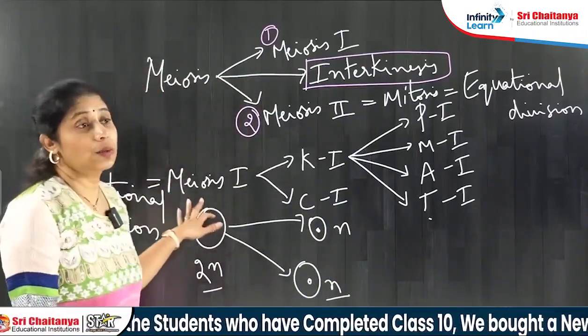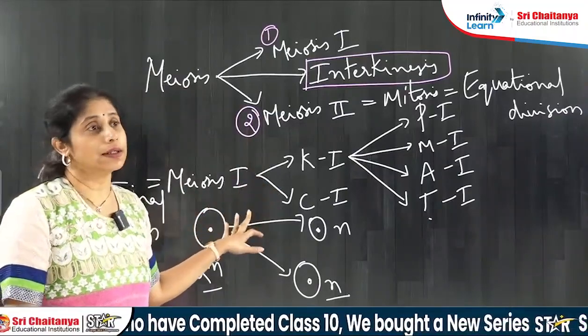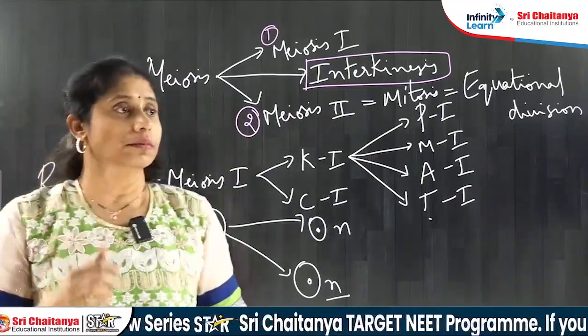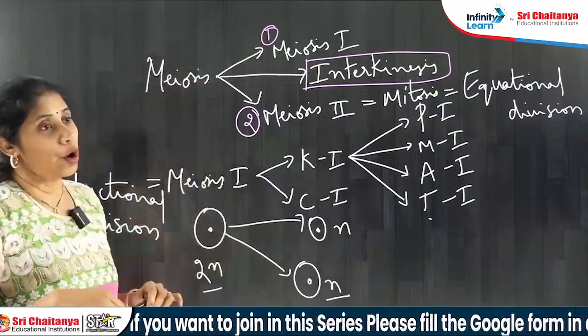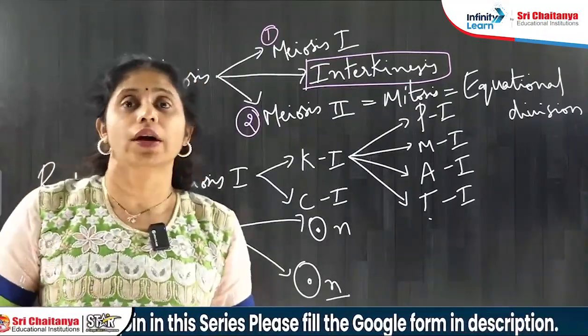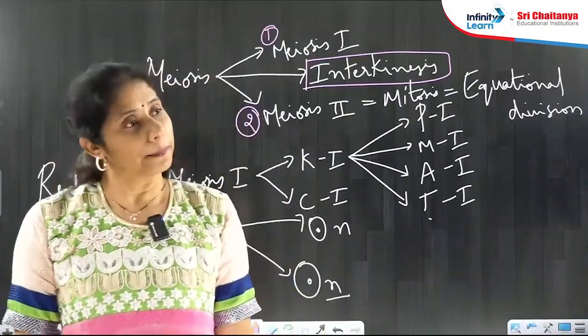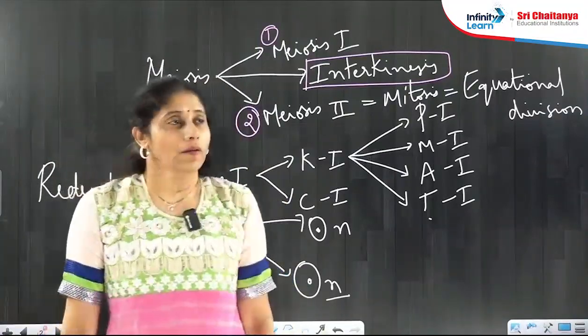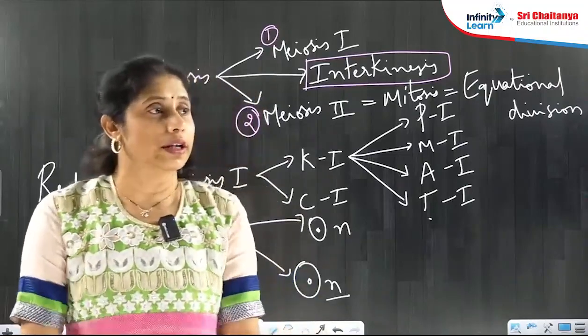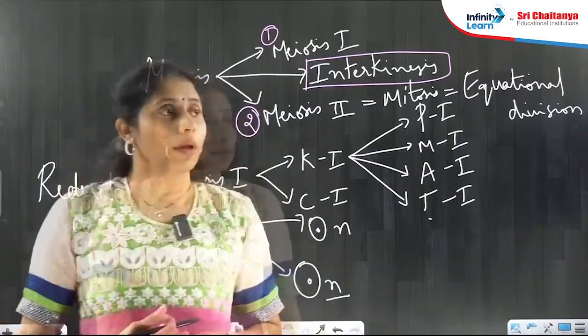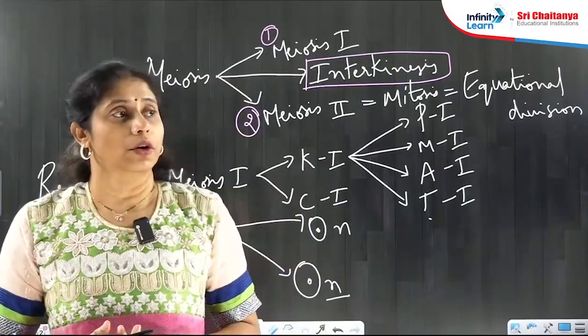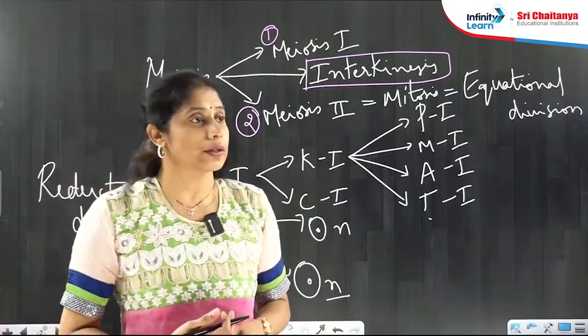Meiosis 1 is further divided into karyokinesis 1 and cytokinesis 1. Among meiosis 1 and meiosis 2, which is called reductional division? Meiosis 1, good. Which is similar to mitosis, or also called equational division? Only meiosis 2, not meiosis 1.